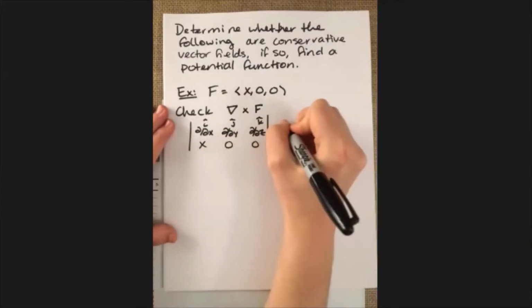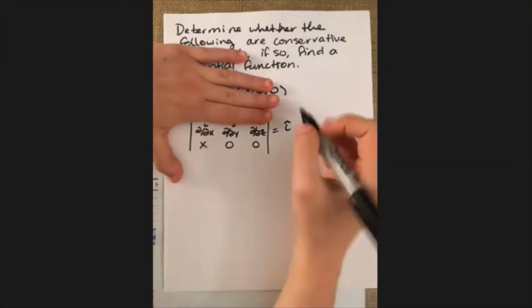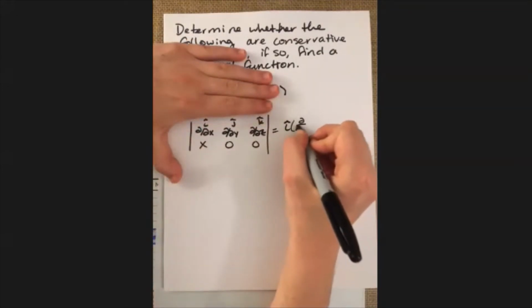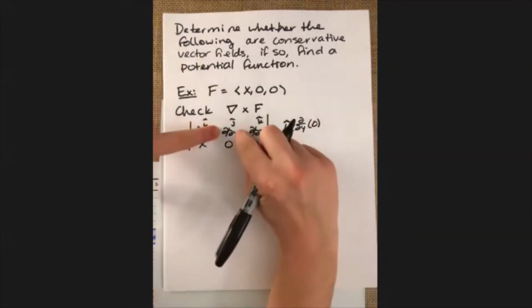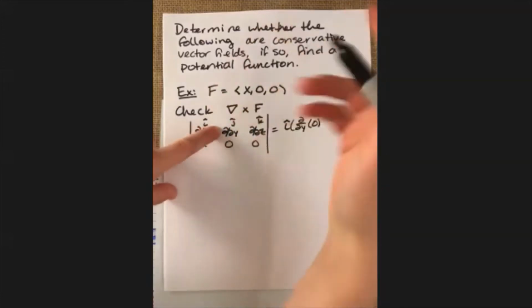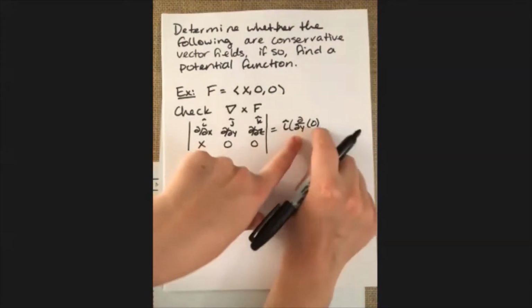So what is this equal to? Well, we have i hat times, and now we're just taking a determinant. So it's the partial with respect to y of 0. It's no longer times, since we're thinking about this as an operator, or like it performs this operation of taking the derivative. We're not multiplying by 0.